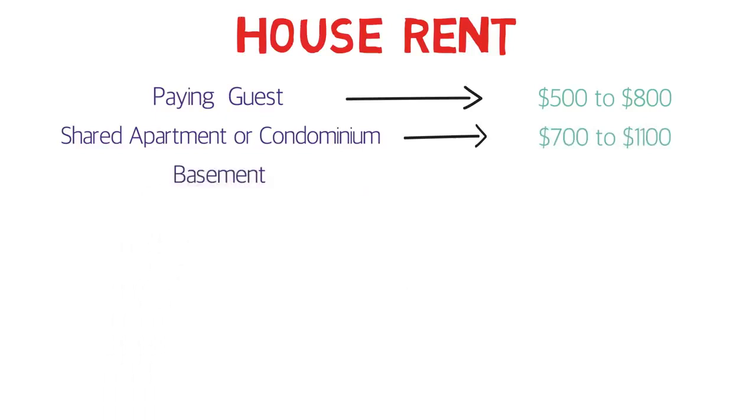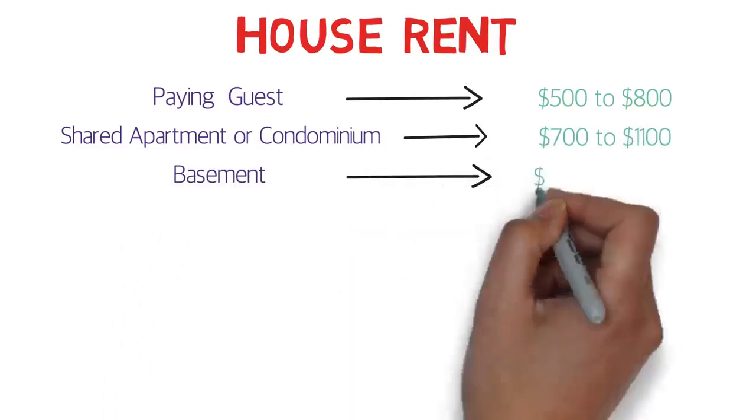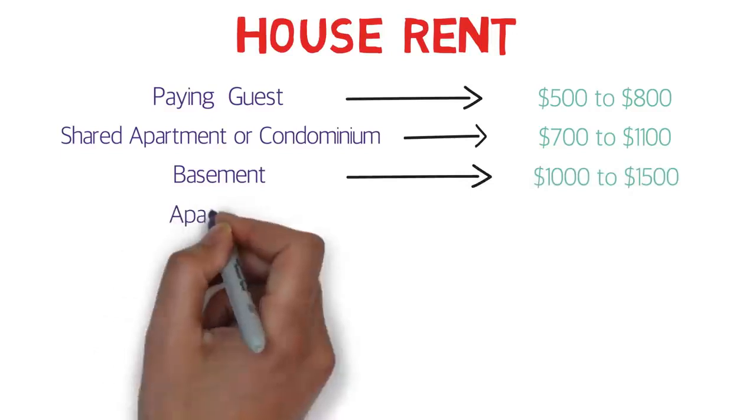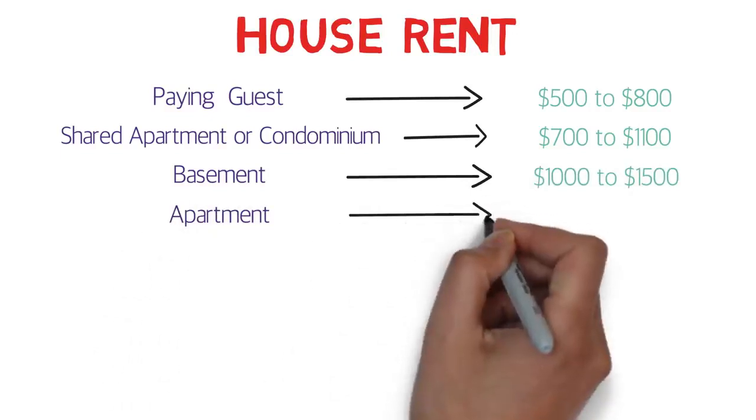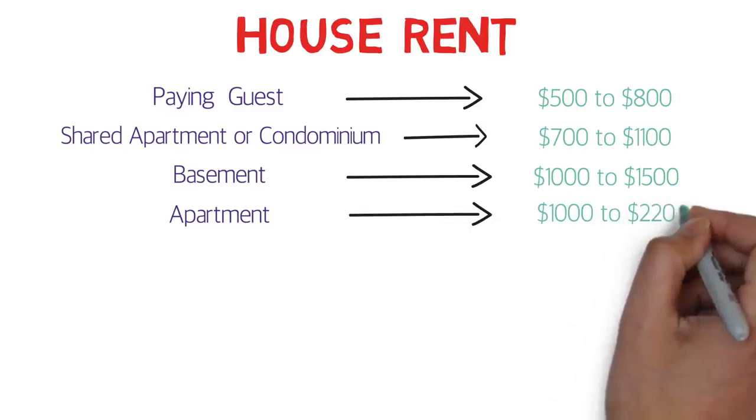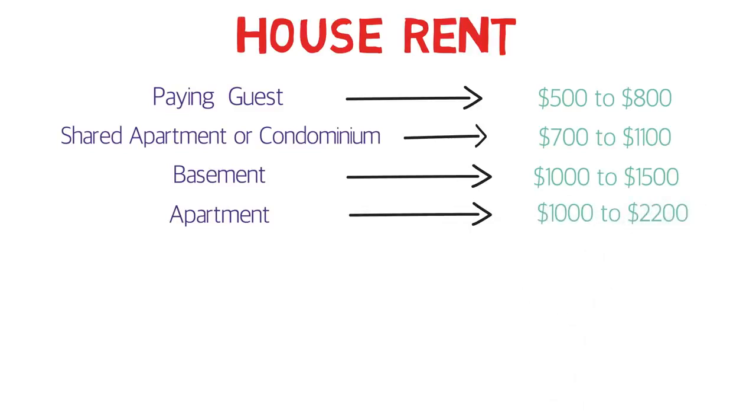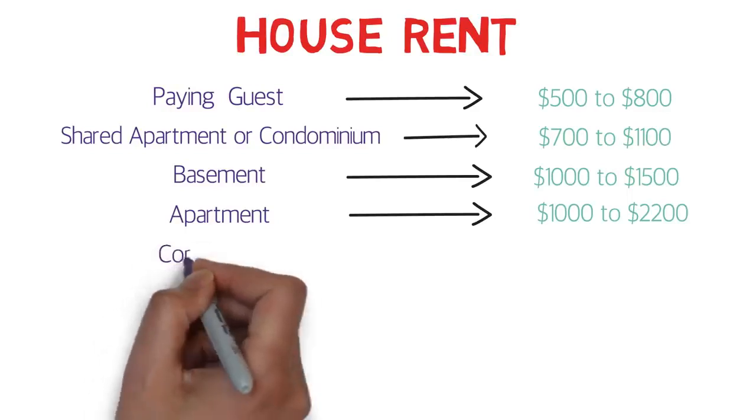For a basement apartment, you might have to pay something like $1,000 to $1,500. Now, for an apartment, you might have to pay something like $1,000 to $2,200. This is a big difference which you see over here, because for $1,000, you might get something like a studio apartment. If it's a one bedroom, it would cost you something like 1,400. If it's a two bedroom, it would cost you like 1,700, and so on.